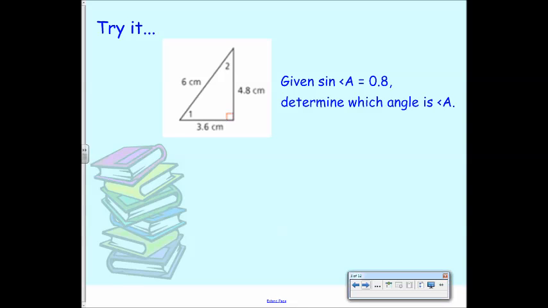Okay, so take a look at angle 1, take a look at angle 2, and figure out which sine of those would give you 0.8. You should still have an answer. I mean, it might be the same as what we just did, but you should still have an answer.